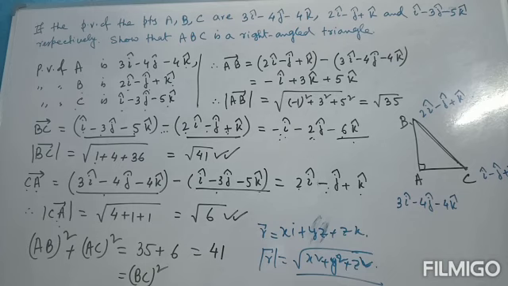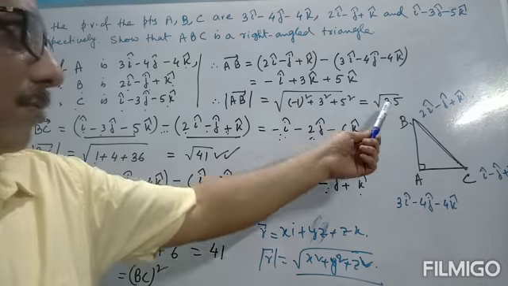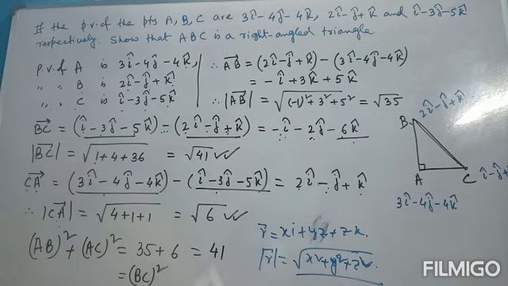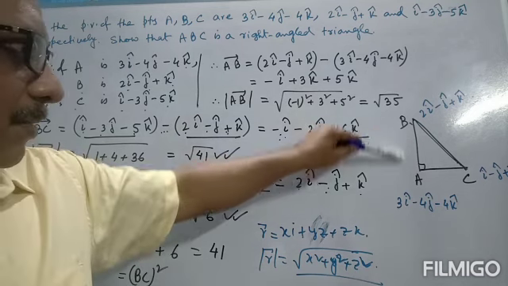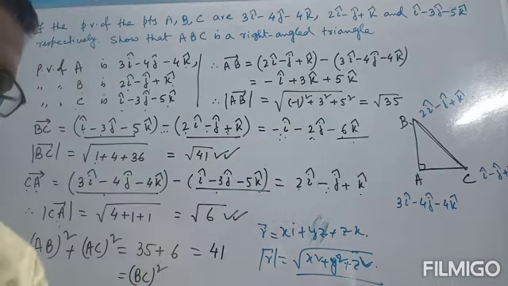So clearly we see that if we square this, root 35 squared means 35, root 6 squared means 6. So AB square plus AC square is 35 plus 6, that is 41, that is BC square, which is root 41 squared. So this is the perpendicular, this is the base, or vice versa.